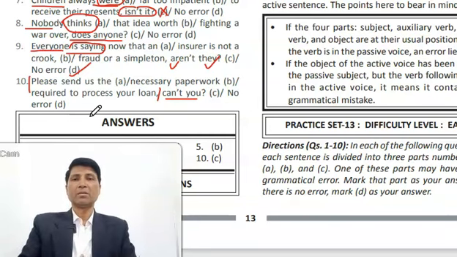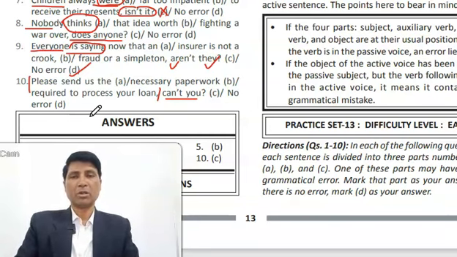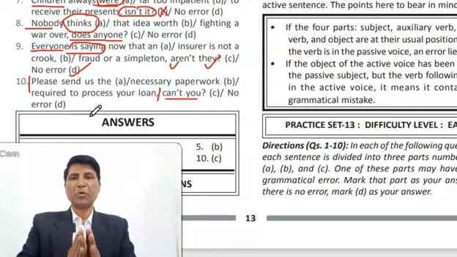So this is all about the practice sets given on question tag, and I think by this time you must have understood that if you know the concept and the surefire shortcut trick that is given in these books, you can guess most of the questions asked in competitive examinations.